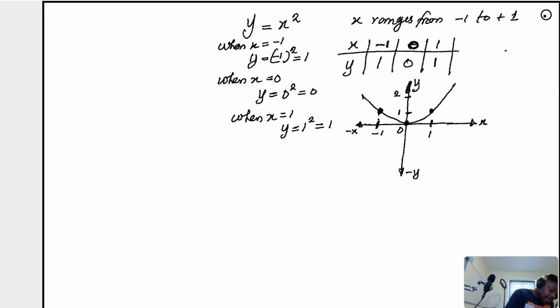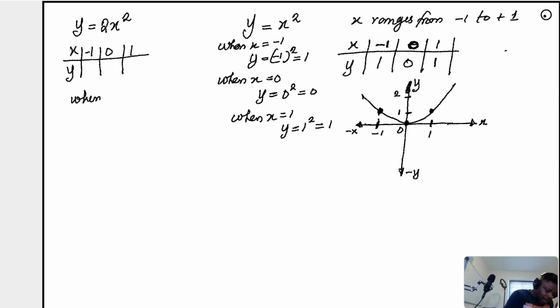That is one part. Now let's say y is equal to 2x squared. So let's also get x and y. We are still using x as minus 1, 0, and 1. So let's get the y value.